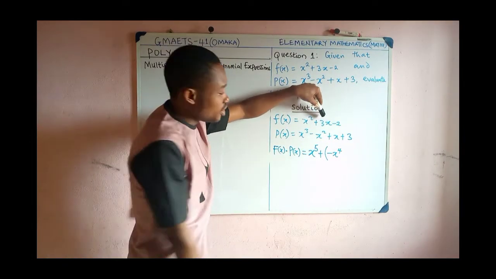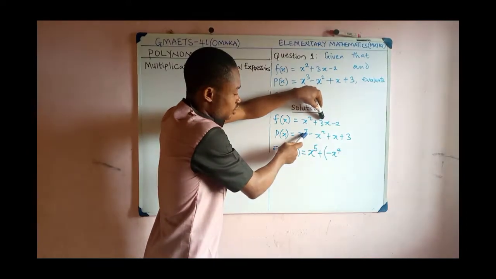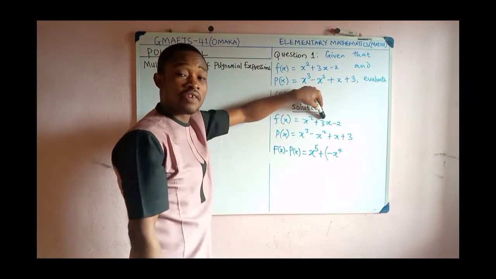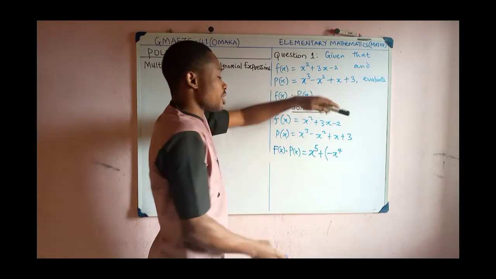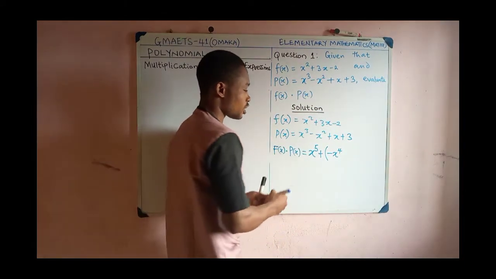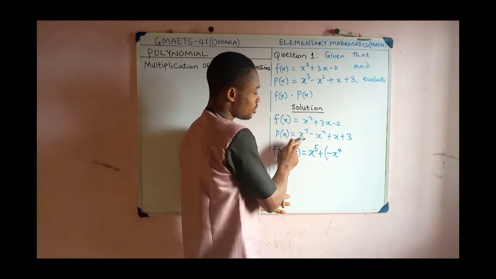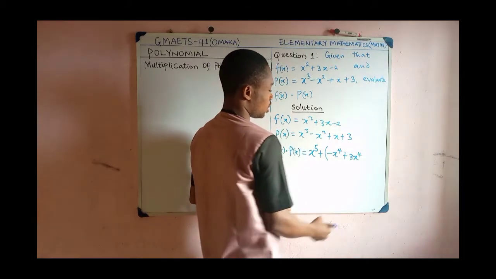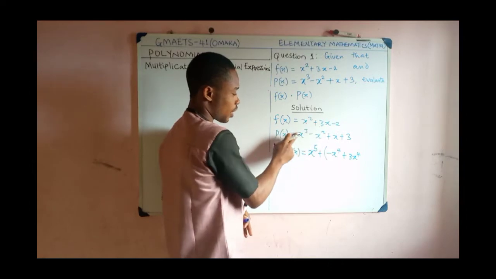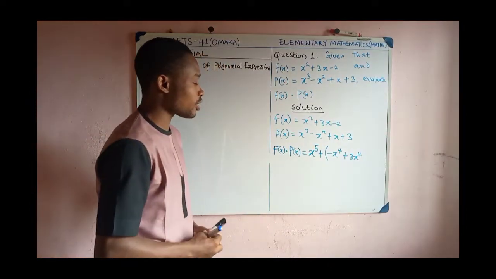Is that okay? This is x raised to the power 1, this is x raised to the power 3. That 1 plus 3 will give us what? 4. So 3x times x raised to the power 3 would give us x raised to the power 4 term. Let's do that. 3x times this will give us plus 3x raised to the power 4. Take note, this is plus, this is plus. So if we multiply, we'll still get plus.